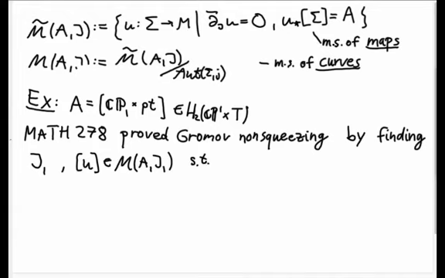But we had some extra conditions, right? So the non-squeezing had something to do with an embedding from some large ball into a cylinder, but then a cylinder became our CP1 times the torus.